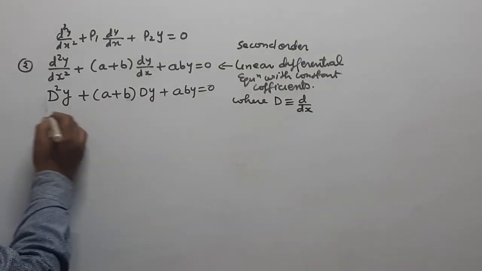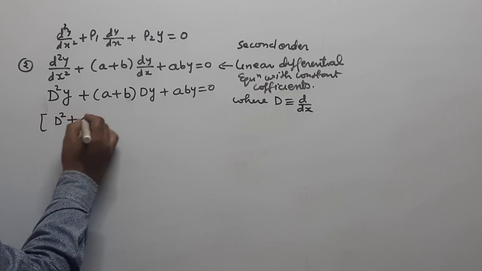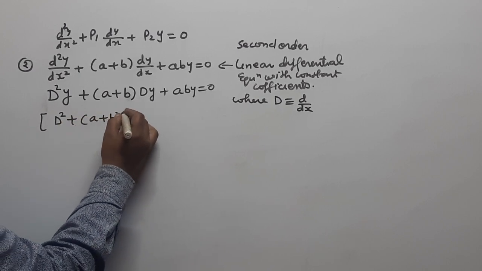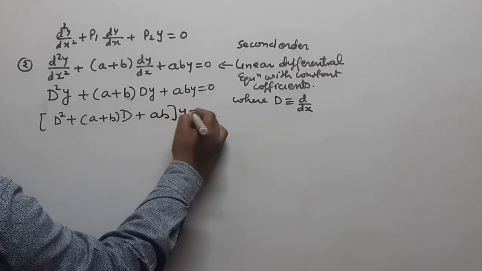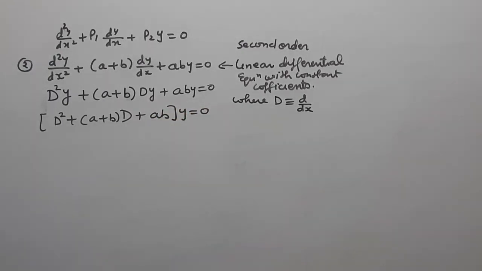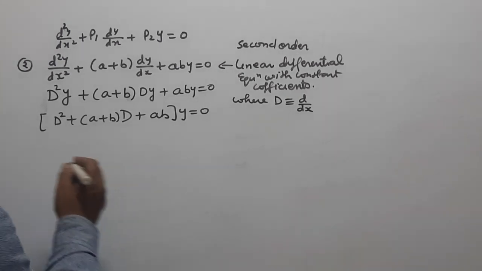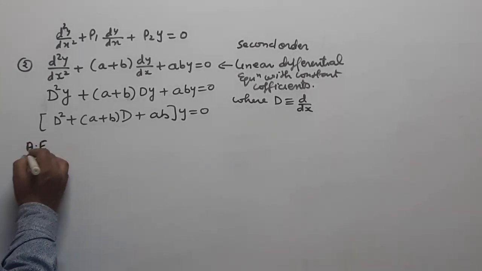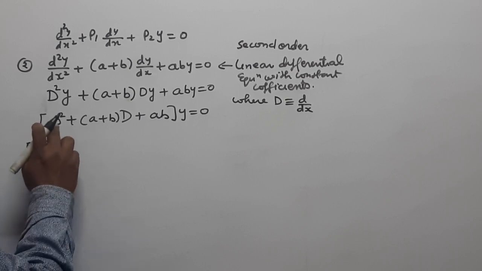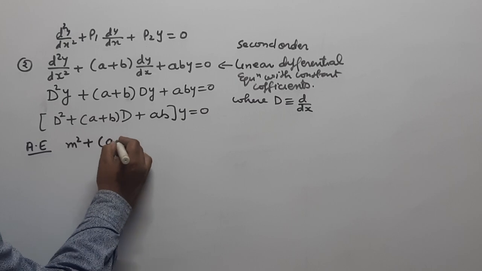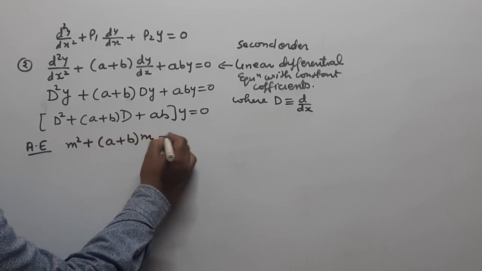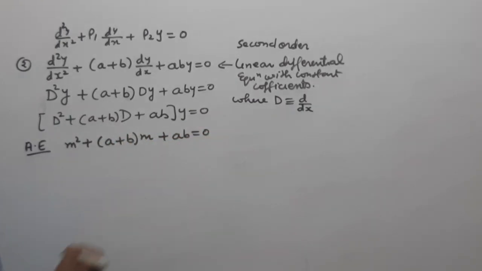Now this can also be written as D2 plus (a plus b) D plus ab, y is equal to 0. Now we find the auxiliary equation. For the auxiliary equation we put m in place of D. So we get m square plus (a plus b) times m plus ab is equal to 0.